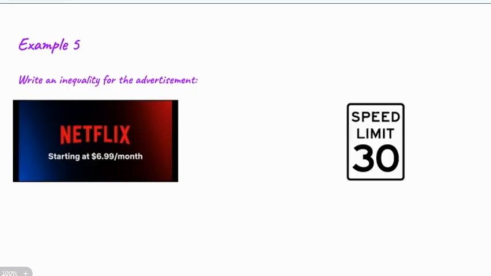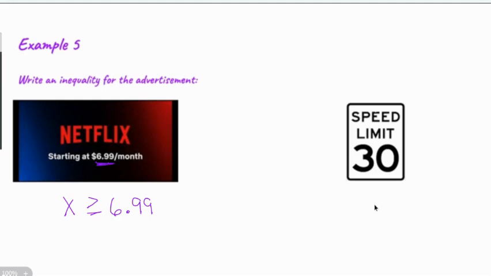Generally with, I can't remember if Netflix is an ad or no ad service. They might charge you more if you're going no ads. So starting at means we can go $6.99 or more. So we'll say x is greater than or equal to $6.99.